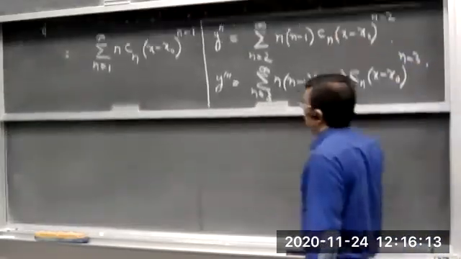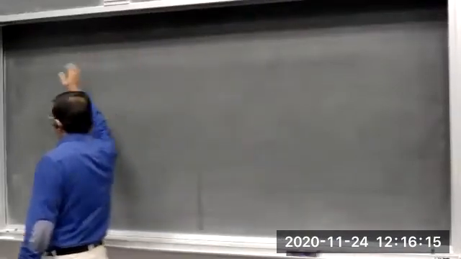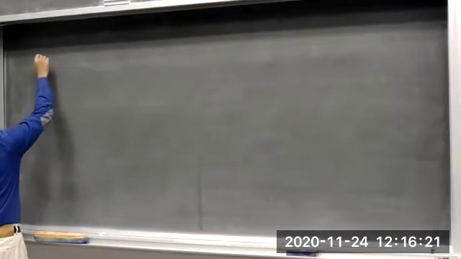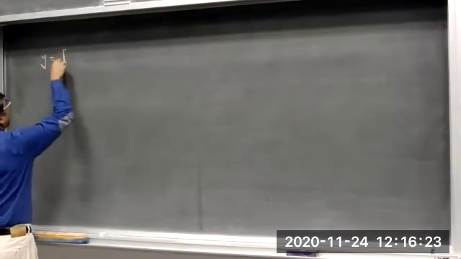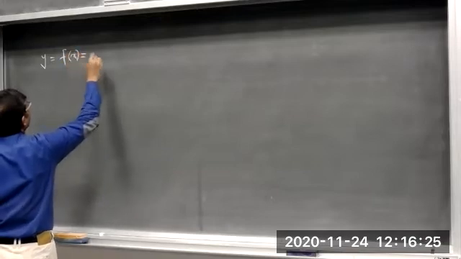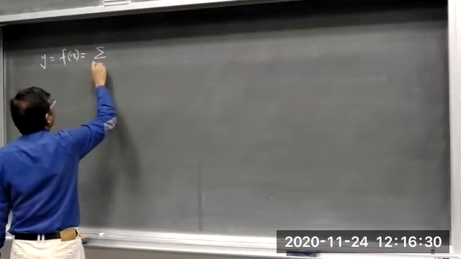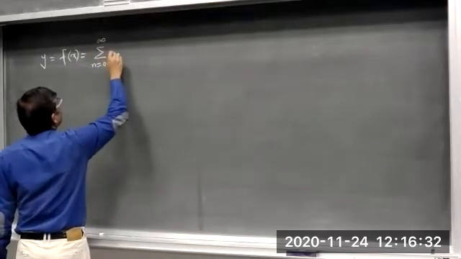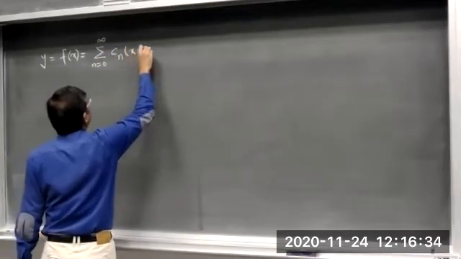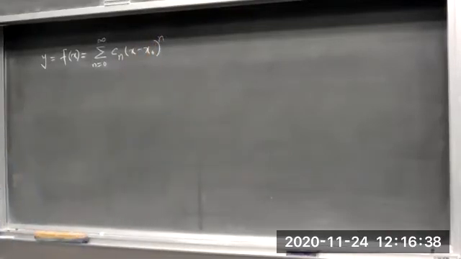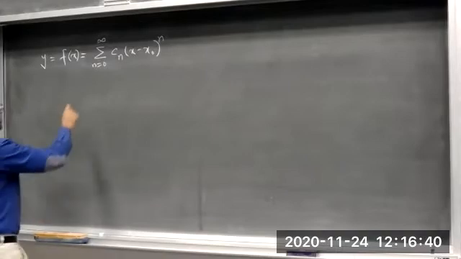If no, now how to integrate a particular power series? Again, if y equal to f of x can be expressed as a power series, which is summation n from 0 to infinity c_n (x minus x naught) raised to power n, then what we do is take its term by term integration.